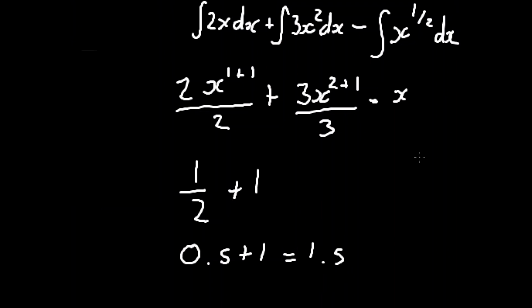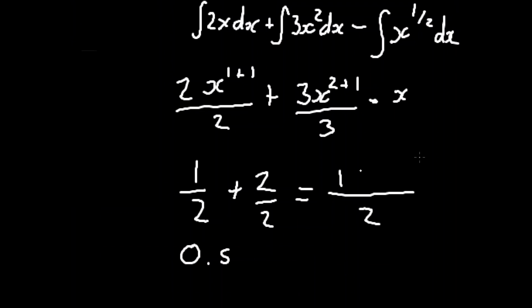So 1 really is the same as saying 2 divided by 2. Now, with fractions, you can say that's 1 plus 2, and that's equal to 3. Okay, so I'll just remove all that, 3 divided by 2, sorry. 3 divided by 2. Okay, so now we can say 3 divided by 2.